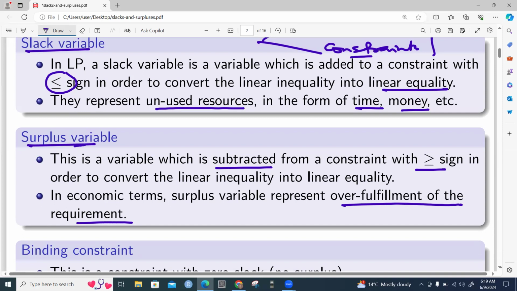So maybe your condition was to produce 30 products, but you have gone ahead and produced 50. That means you have not only met the requirement at optimal, but you have also surpassed it by 20 more units. So the 20 will be a surplus.